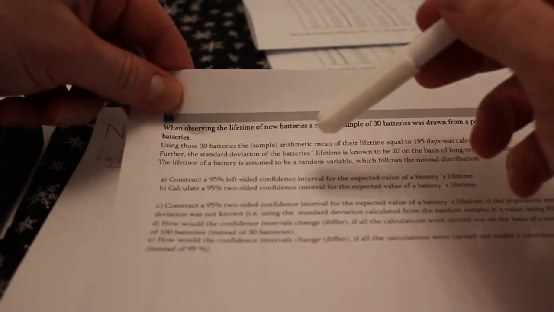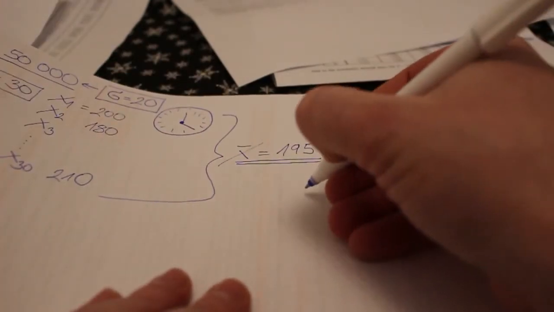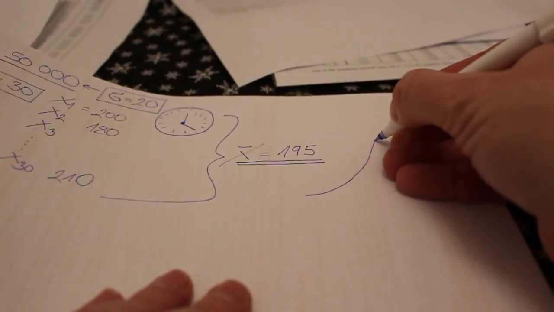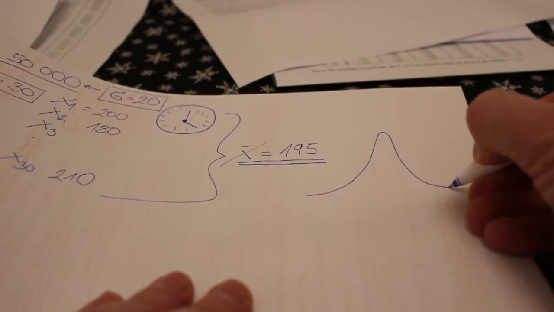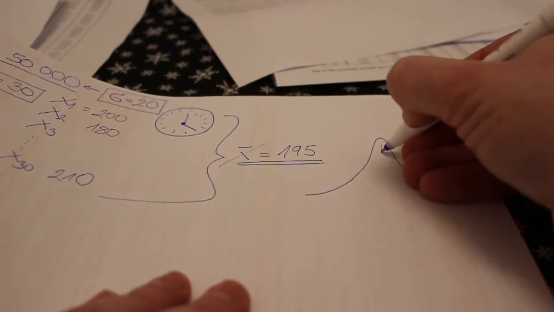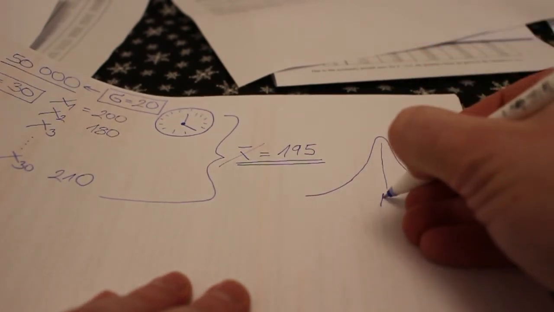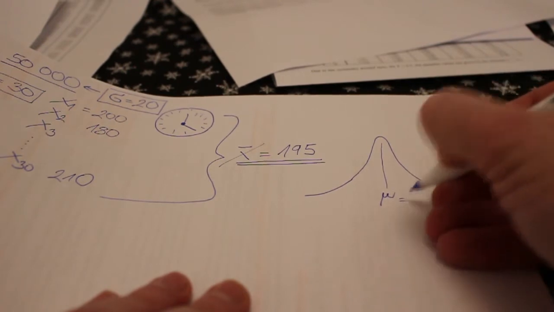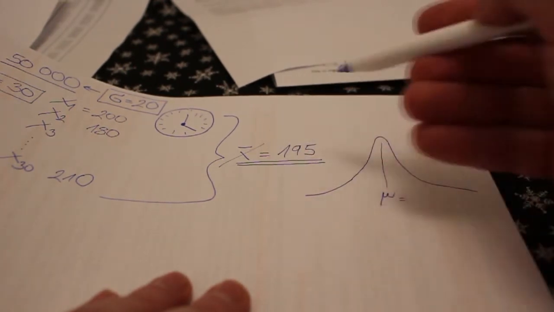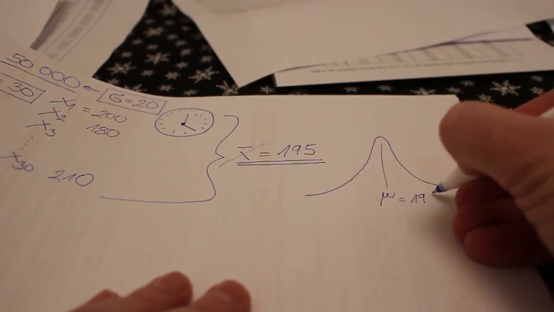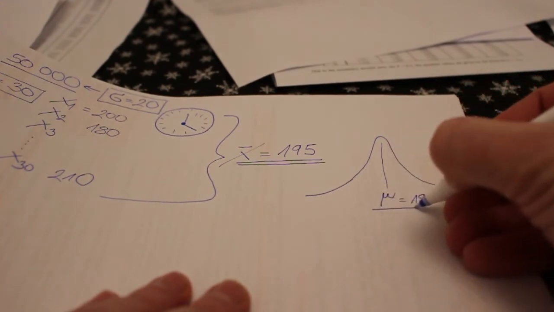Okay, so the lifetime of battery is assumed to be a random variable which follows the normal distribution. What it means? There is a normal distribution of battery's lifetime. There is the mu, the mean. In our situation, the mean is around 195 days.